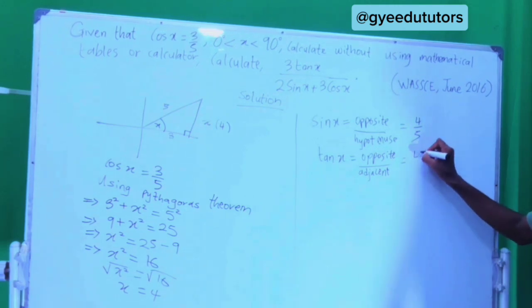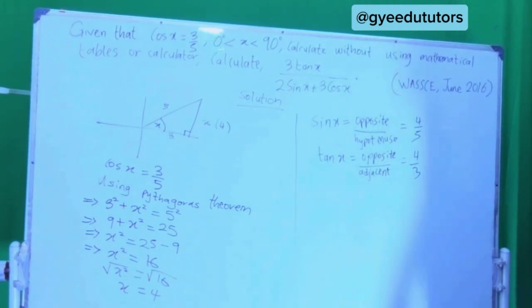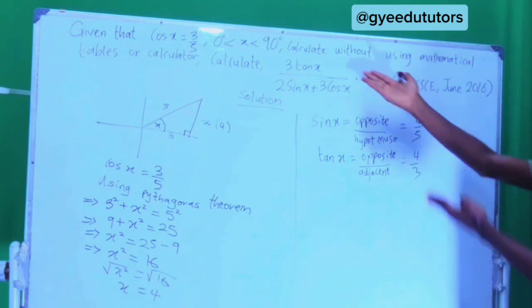Opposite is 4, adjacent is 3. Now the easy part, you just compute it inside.